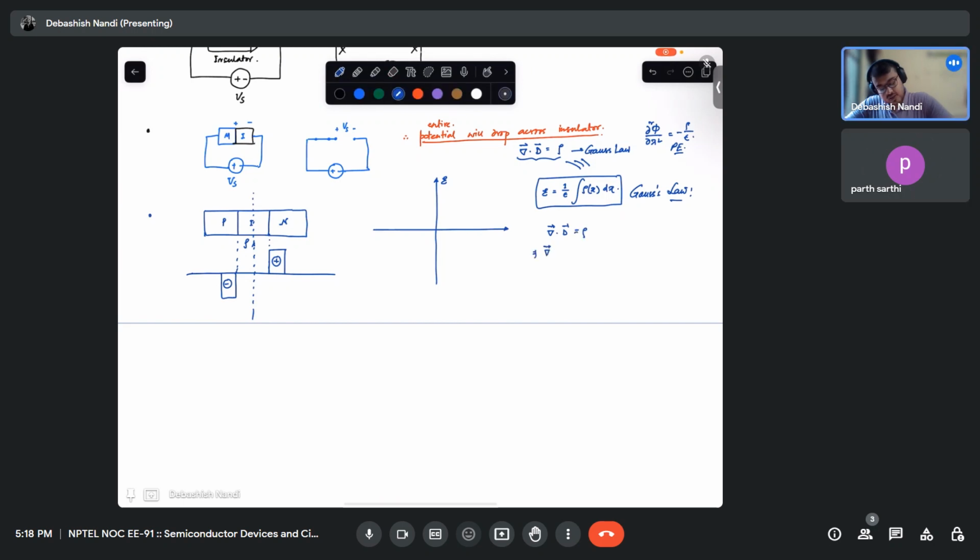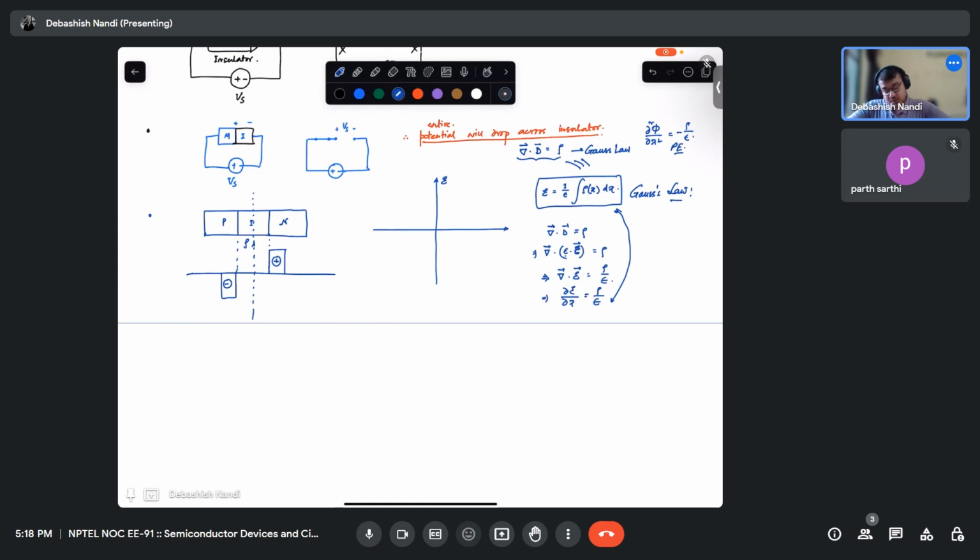So this will be nothing but epsilon times E, electric field, equal to rho. This is constant, rho by epsilon, or in 1D, it will be like this. These are the same, right? So this is Gauss law.